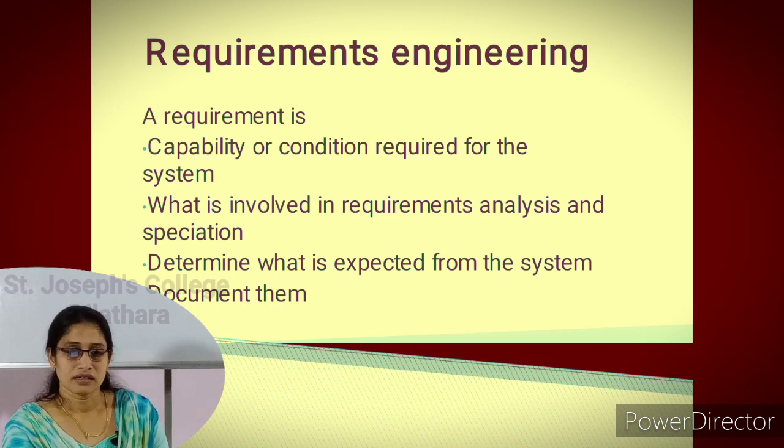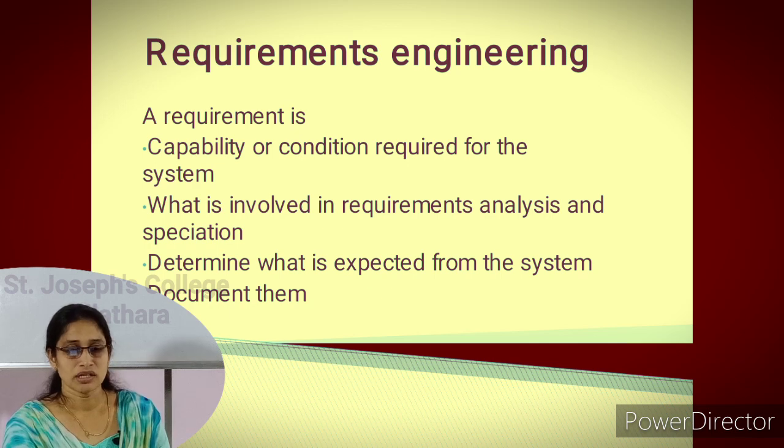We can define roughly that a requirement is a capability or a condition that is required from the system. A capability is a facility that the software provides to the users. For example, the users can issue book, return book, etc. Each of that is a capability of the software.